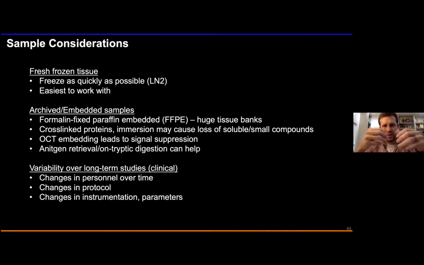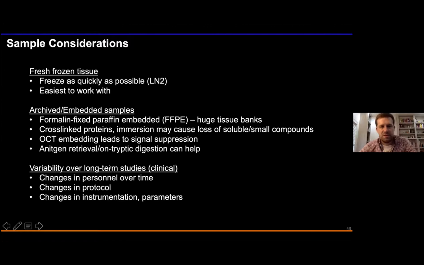And additionally, in order to deparaffinize the samples to analyze them, you're subjecting the tissue to substantial washes. And so this could lead to some solubility and delocalization of some of the small metabolic compounds in the tissue. So these just tend to be more difficult to work with. So we try to avoid using embedded samples if possible.